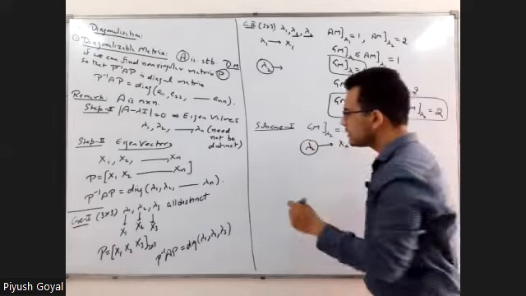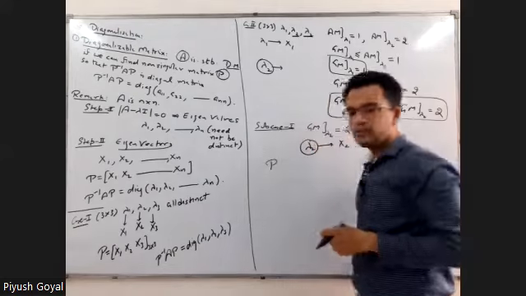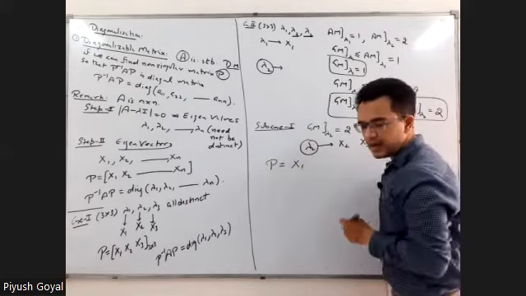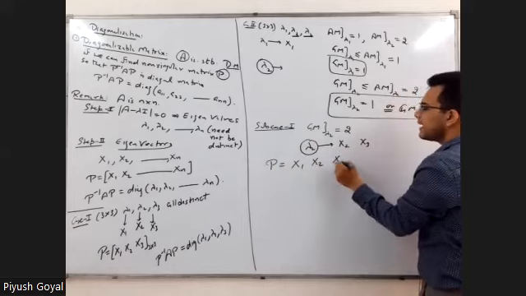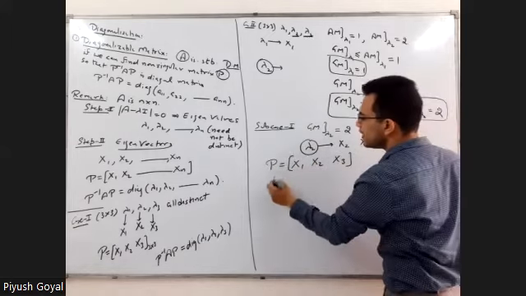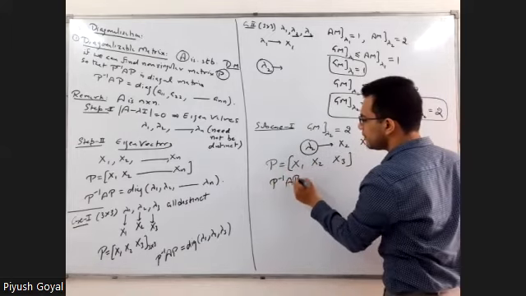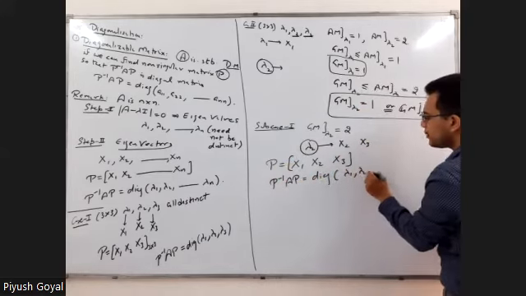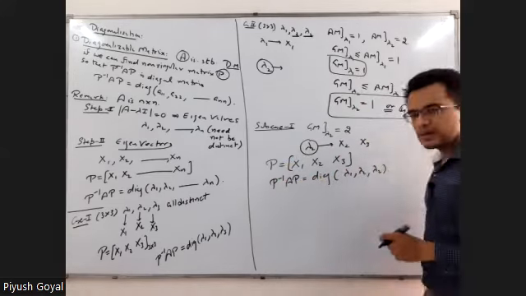As a result, you are able to find the matrix P formed by x1, x2, and x3. When you multiply in the form P inverse AP, it becomes diag of lambda 1, lambda 2, and lambda 2. I hope this is clear to you.